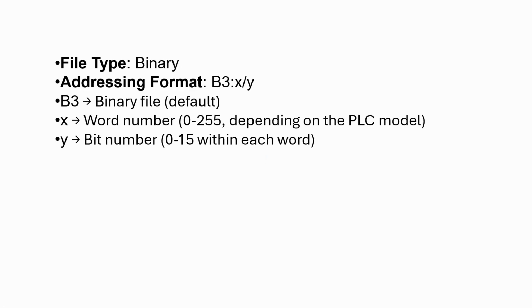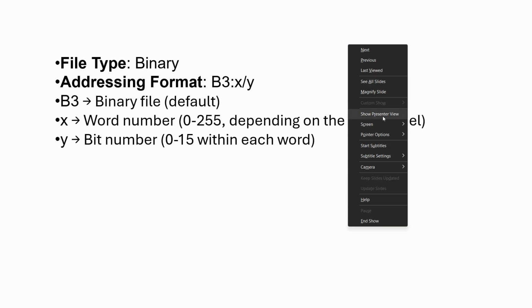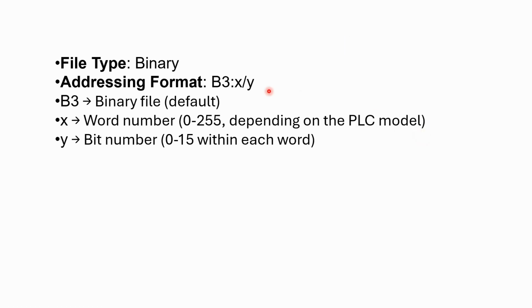The file type is known as binary, and the addressing format is B3:X/Y. Let's go ahead and get a pointer going here. B3 is the binary file default. You can create more binary files, like a B10, a B12, whatever, if you need more words than what you'll find within B3.